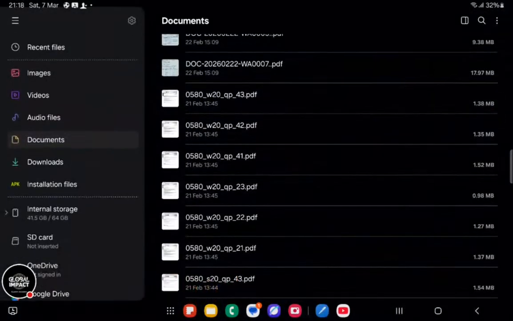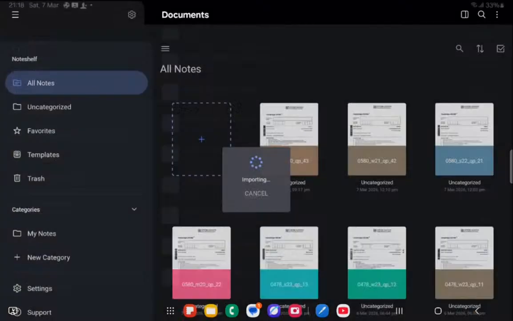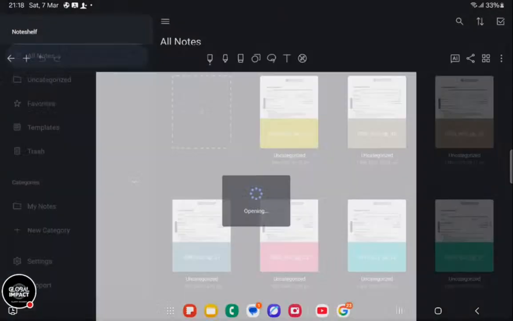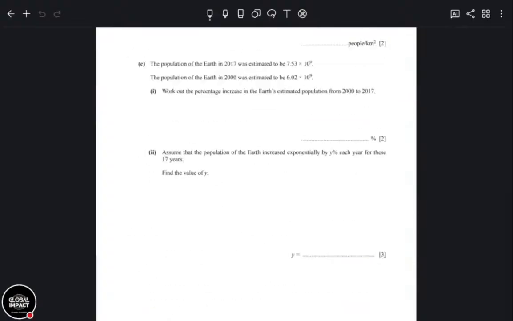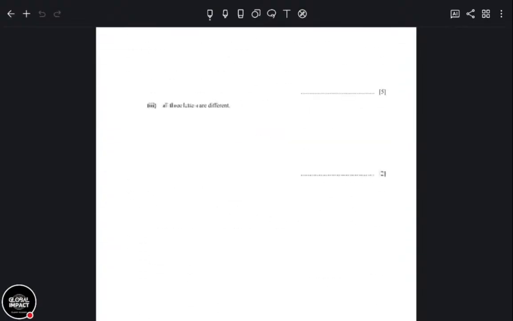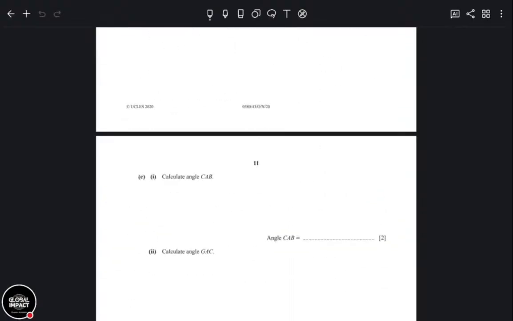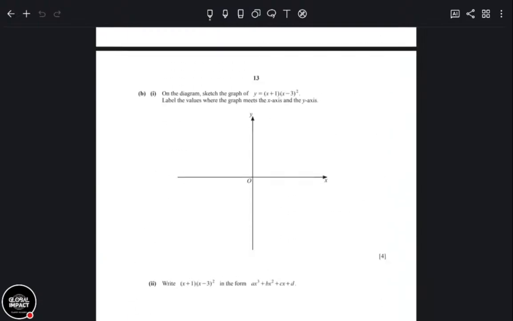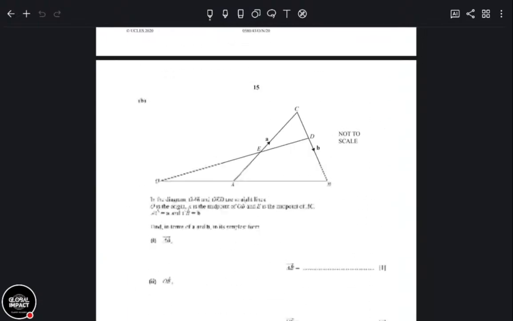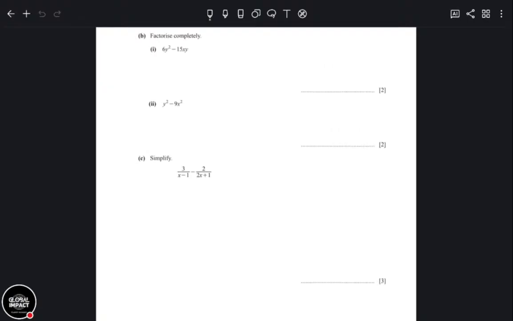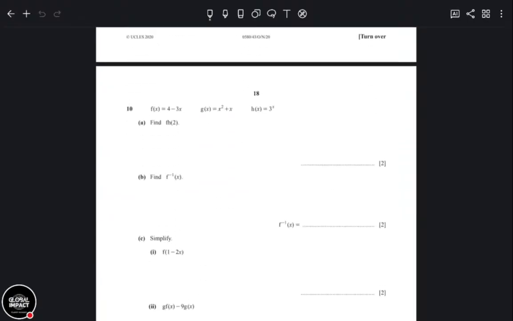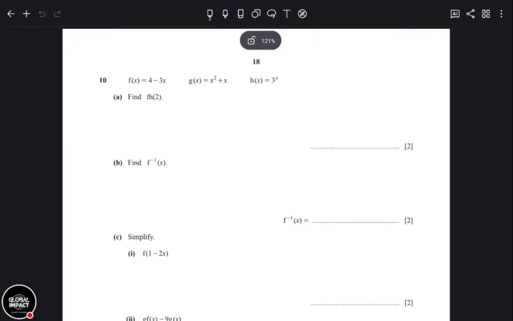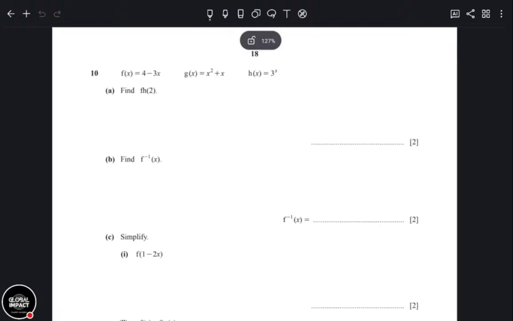Right, we start with this. We'll be just going down question by question, paper by paper. We are not really going to talk about this one.